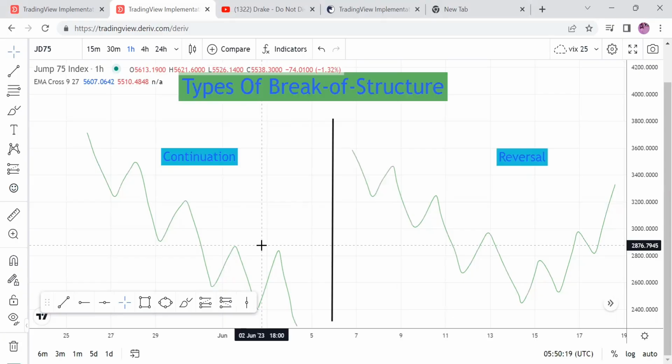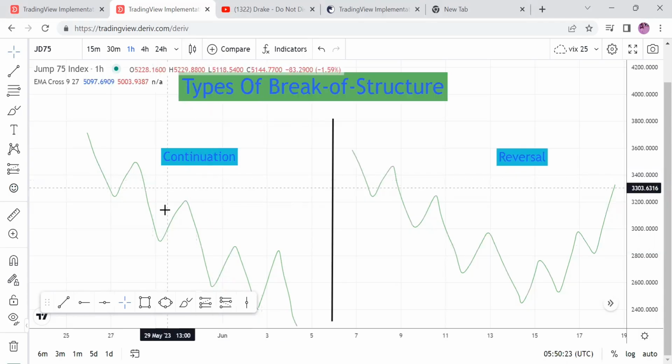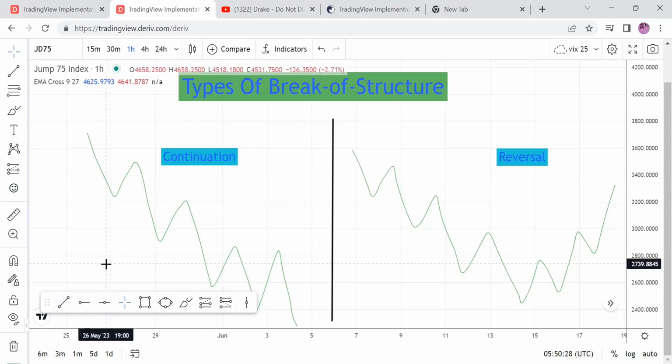So we have what is known as a continuation breakout structure, which this image over here is depicting. As the name suggests, continuation breakout structure means that price action movement is continuing in its original trend, but at the same time it is breaking structure.